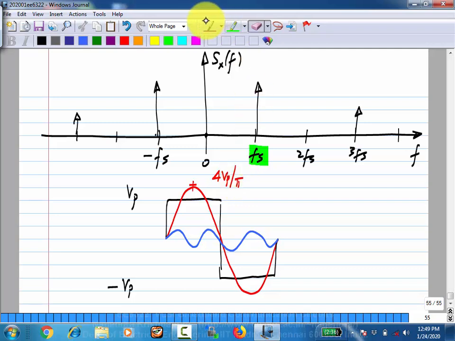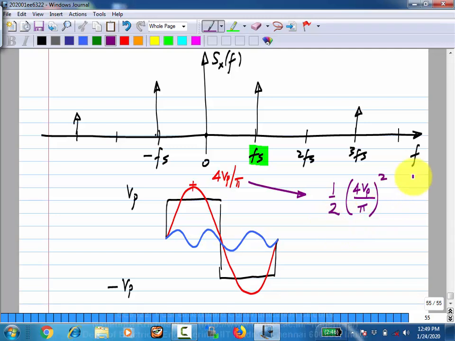What is the mean square value of this fundamental sinusoid? Half of 4 Vp by pi square. So this is the mean square value.